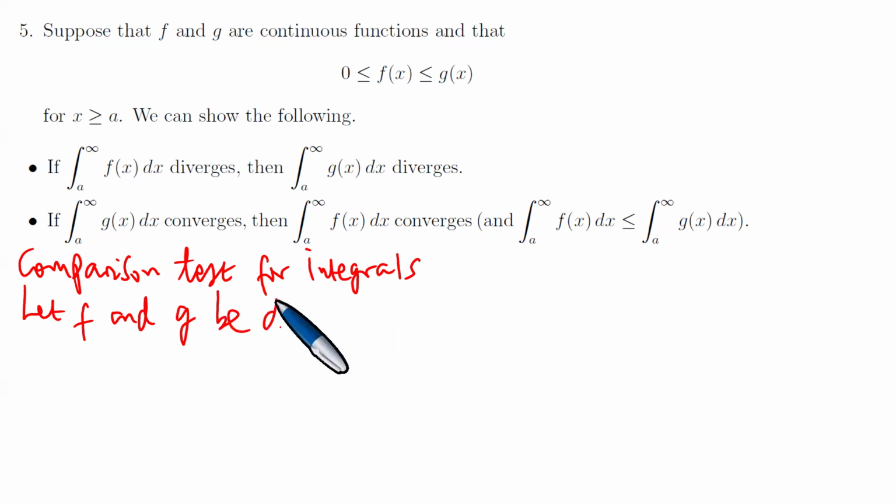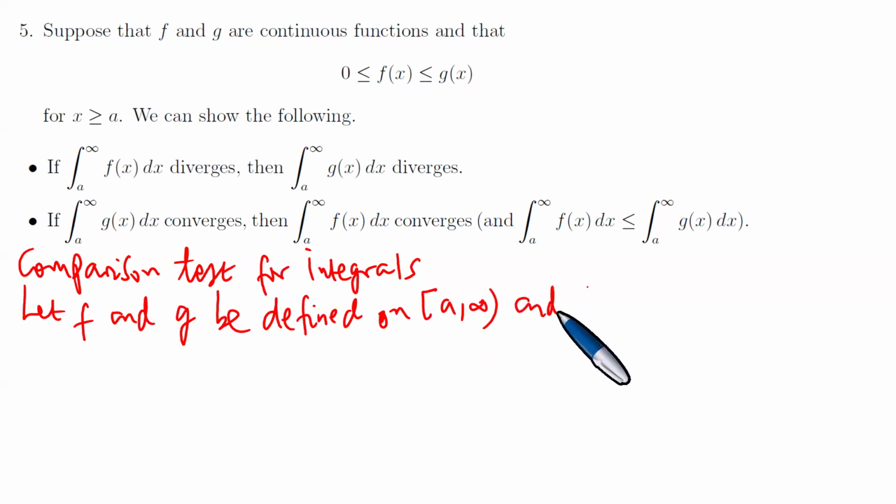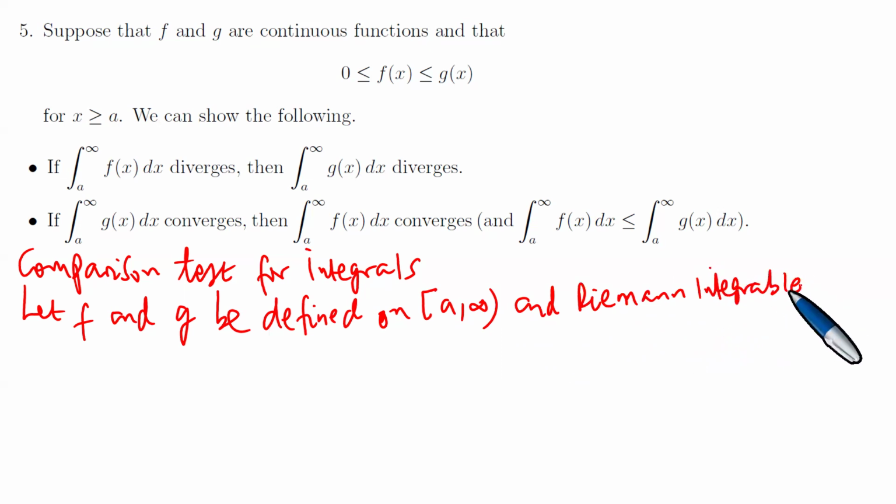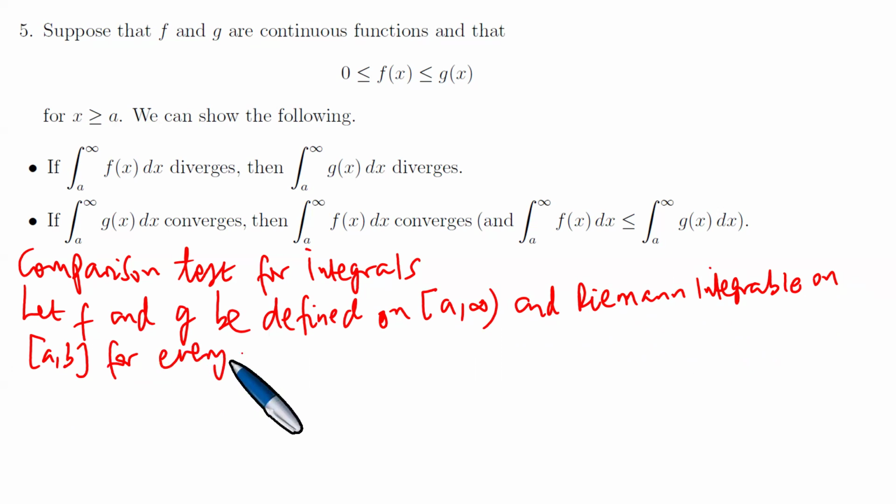Let f and g be defined on a to infinity and Riemann integrable on [a, b] for every b greater than a.